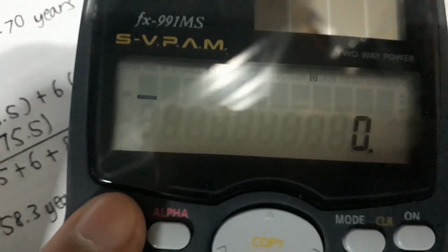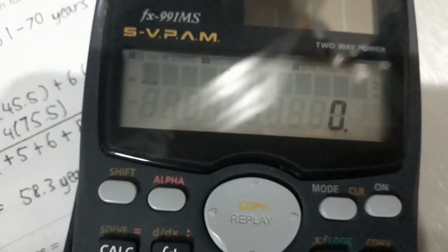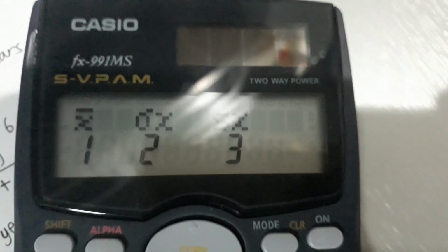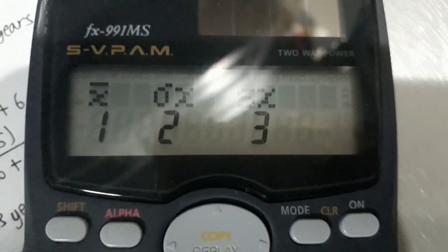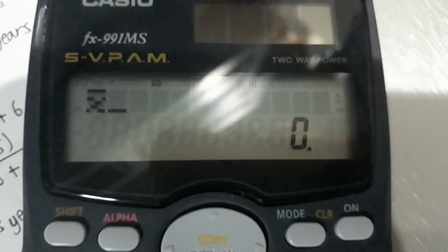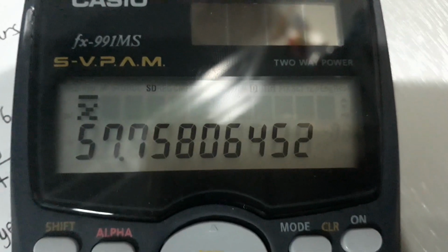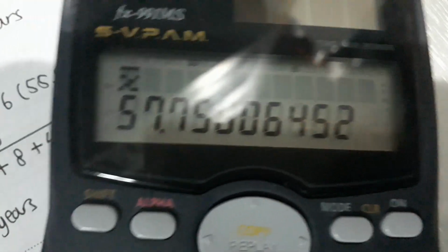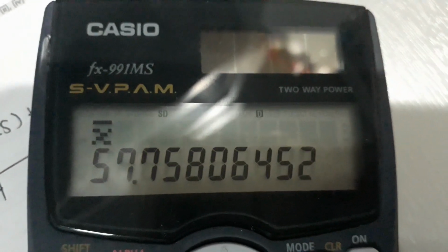You press shift, then you press 2, you get these 3 symbols. You press the number 1, you get this symbol, you press equal. It's supposed to be 58, but I got 57. So this is how you check your information.